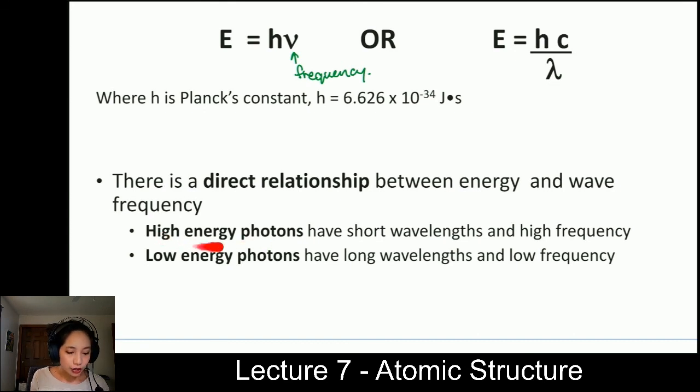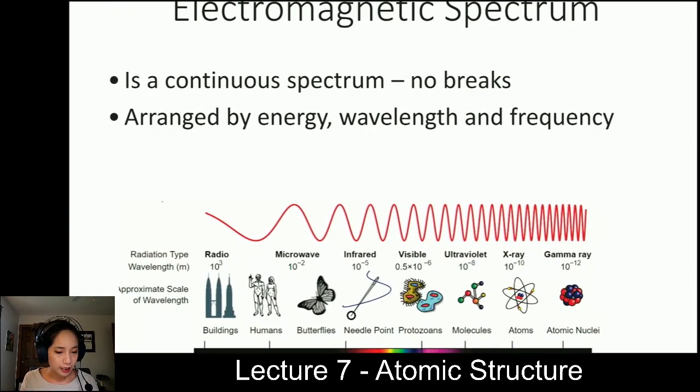So high energy photons will have short wavelengths and high frequencies. Remember how short wavelengths go along with high or large frequencies? Now we added an energy component. So low energy photons will have long wavelengths or low frequencies.